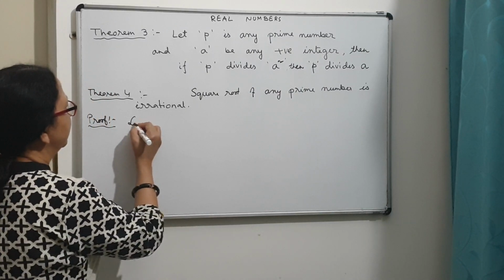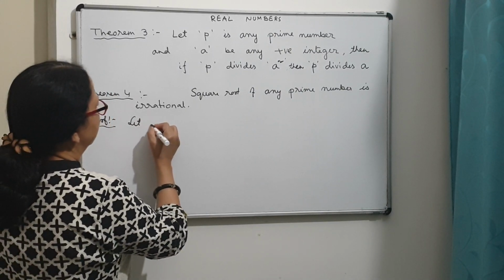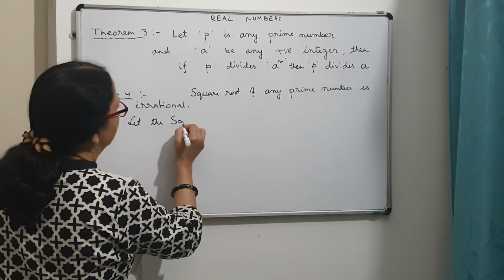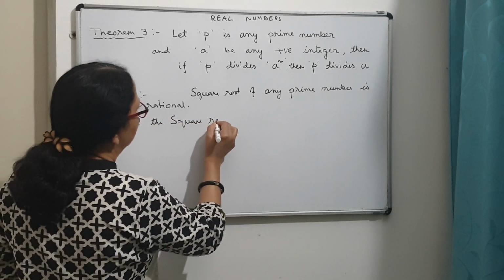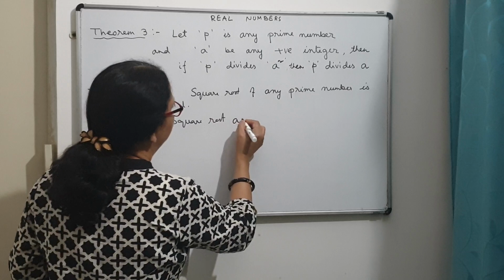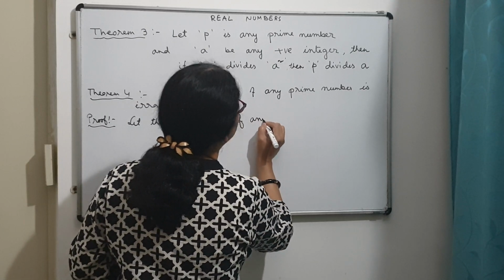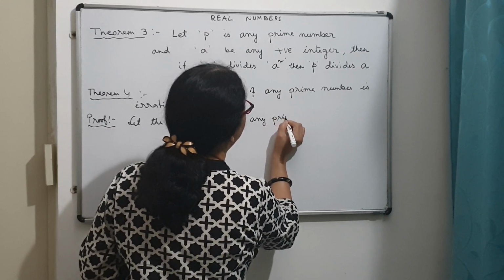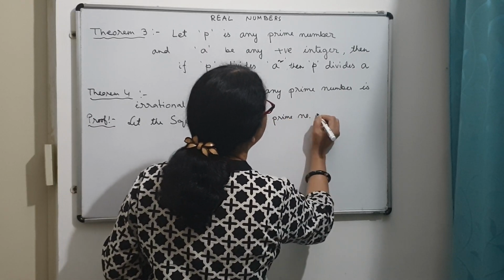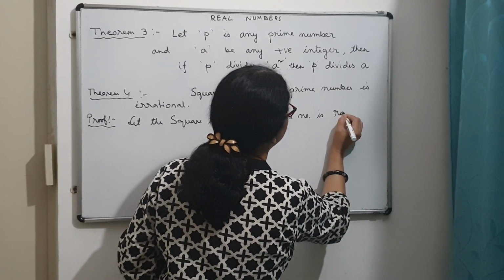So let the square root of any prime number be rational.